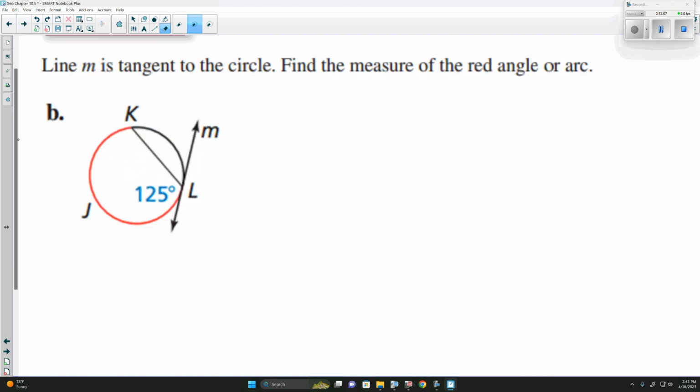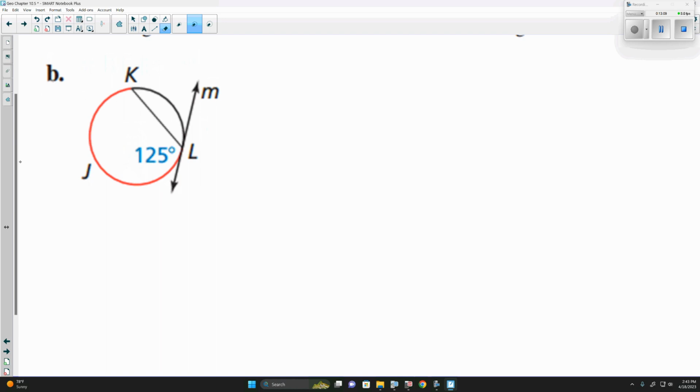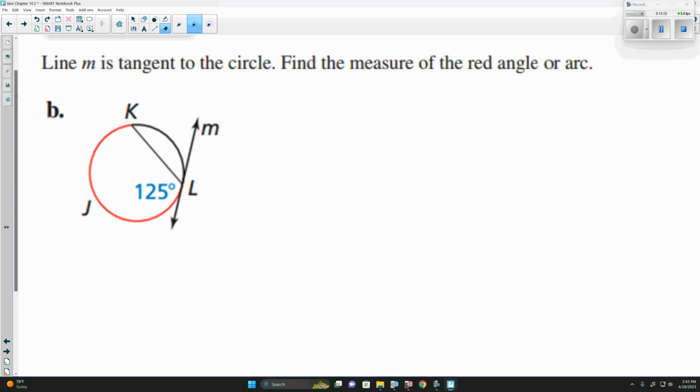Well, it works the other way around too. So for this one here, we do have a tangent line, and we do have an angle, and we want to find the measure of this red arc. Well, the measure of arc LJK is equal to what?